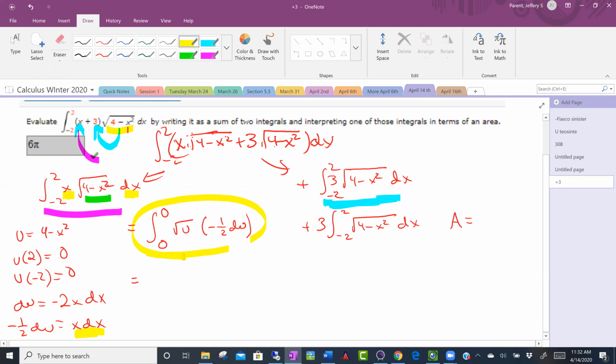Can anyone tell me what the value of that integral is? 0. Better yet, it's 0. Why is it 0? If you have a variable to an odd power and the bounds are the same, like -2, 2, or -1, 1, and so on, it always equals 0.